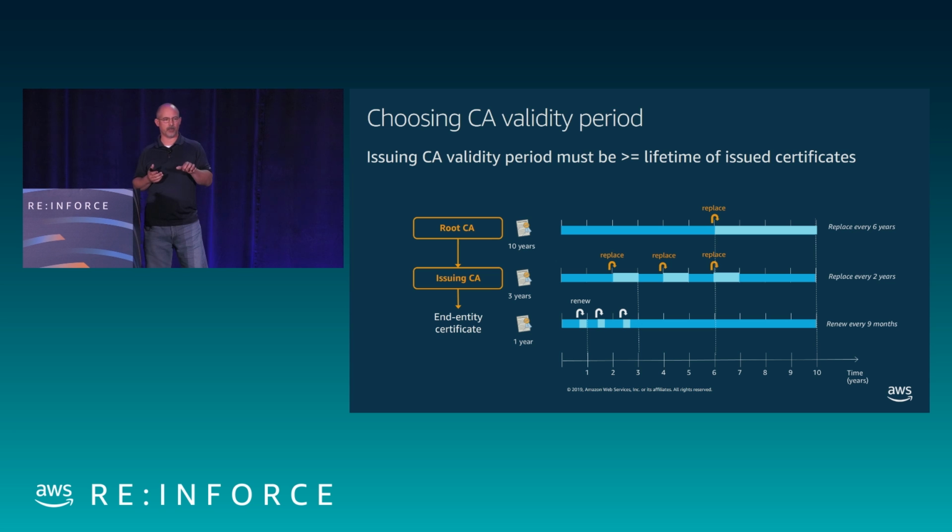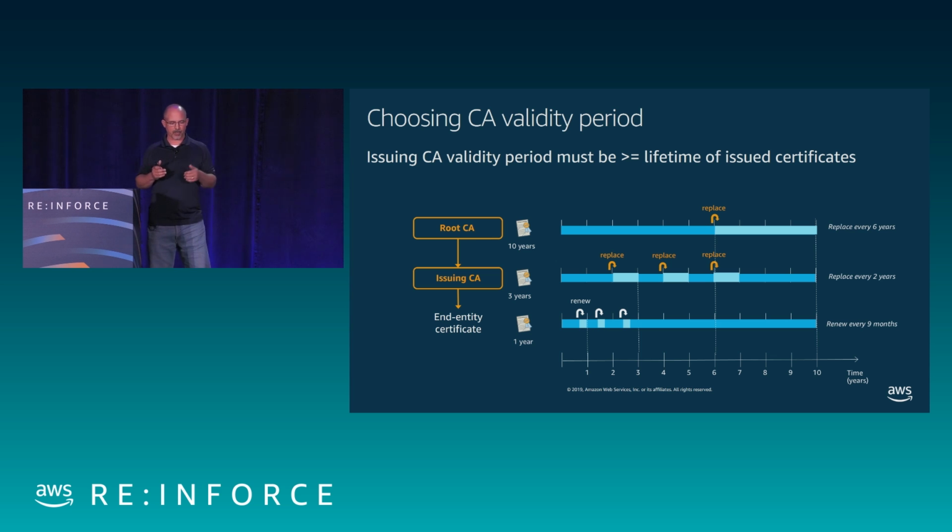So in this case, I chose a 3-year validity period for the issuing CA, which is 2 times the 1 year of the level below, plus 1 year for buffer time. That buffer time depends on your environment, but if you think your process for replacing the CA could slip, you just want to give yourself enough time to replace it.